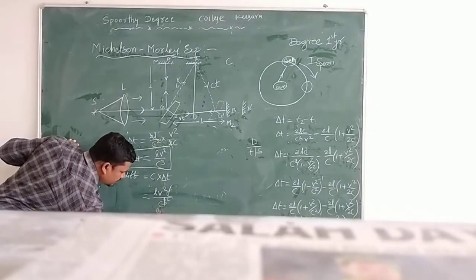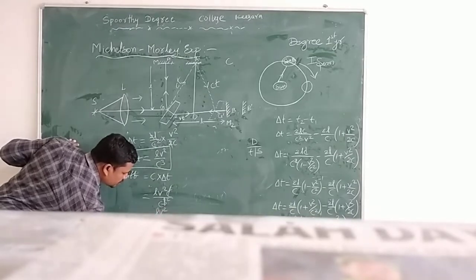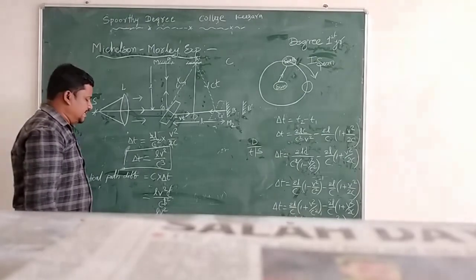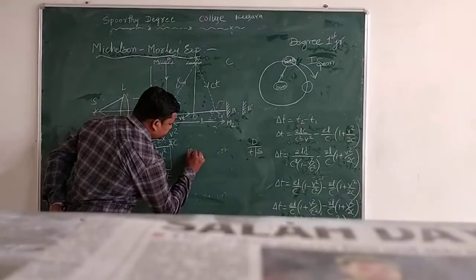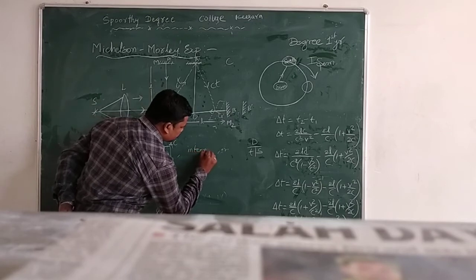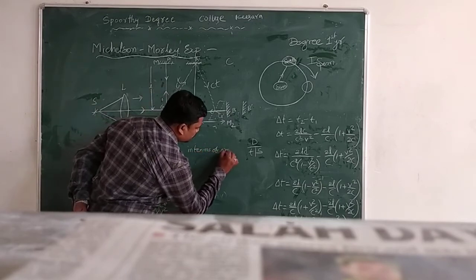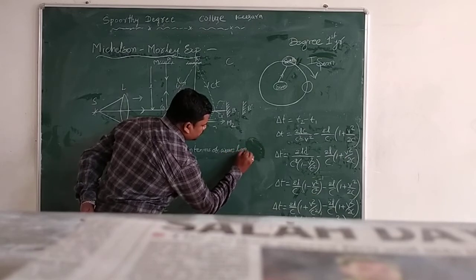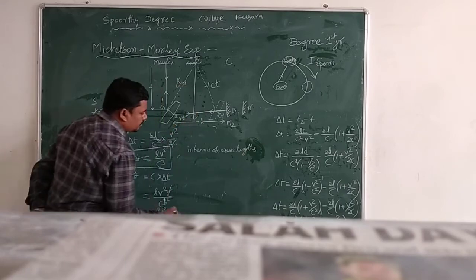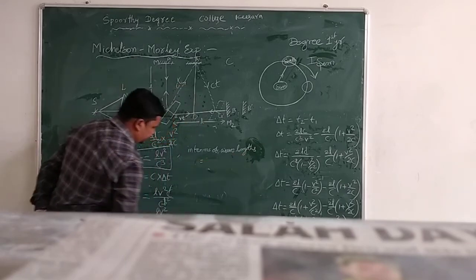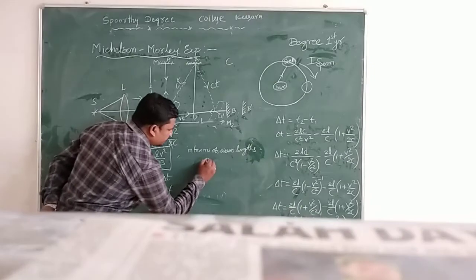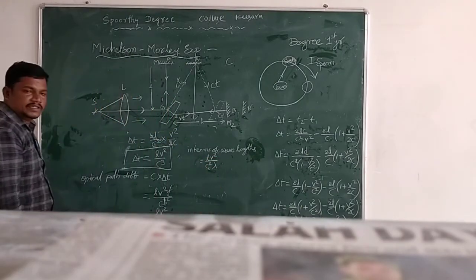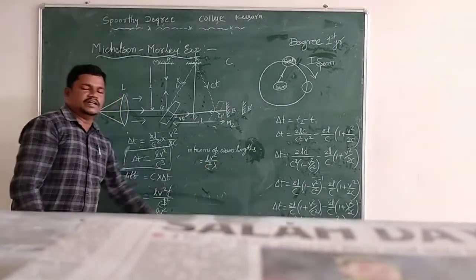Then L v square by C square. This is explained in terms of wavelengths. In terms of wavelength, that equals Lv square by C square into lambda.